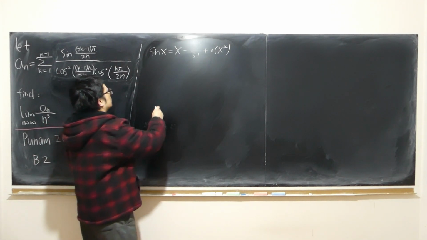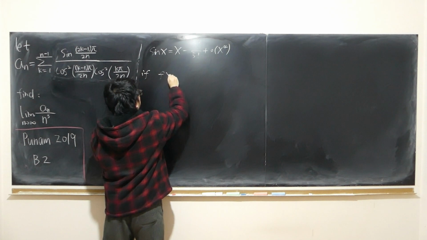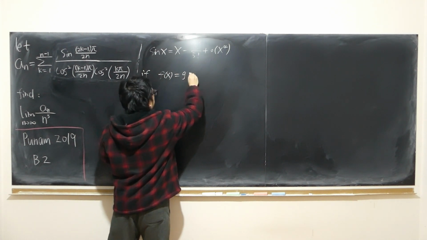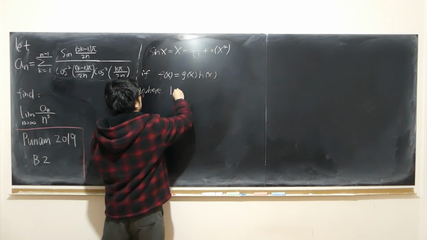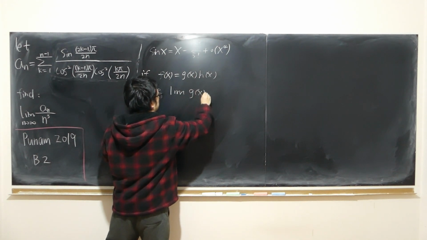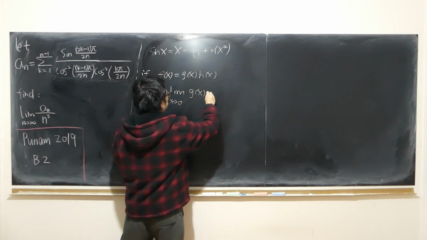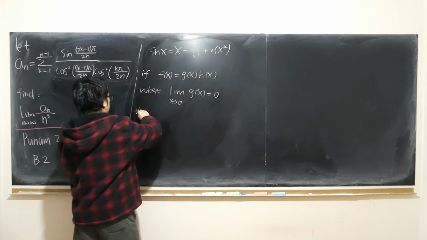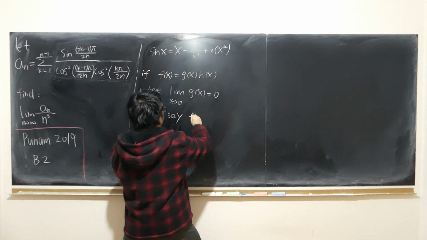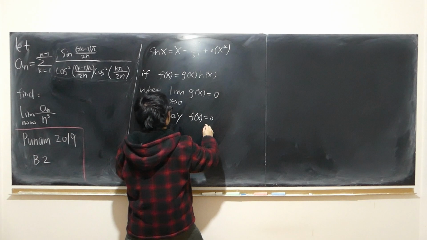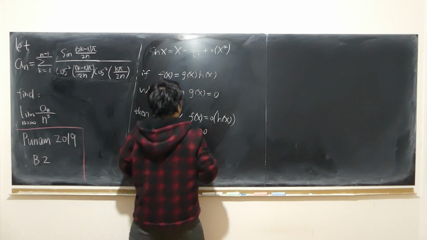The meaning of little o, again, is that if you can write f of x as g of x times h of x, where the limit of g of x as x approaches some a or 0 perhaps is equal to 0, then you can say f of x is little o of h of x as x approaches some number.